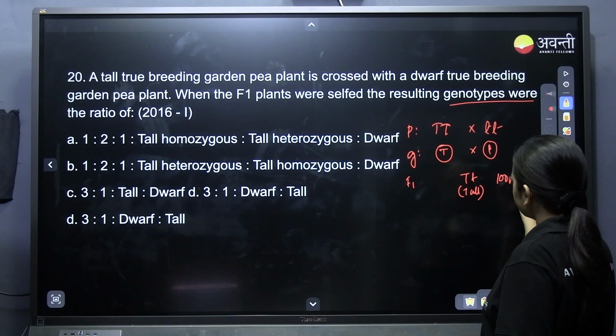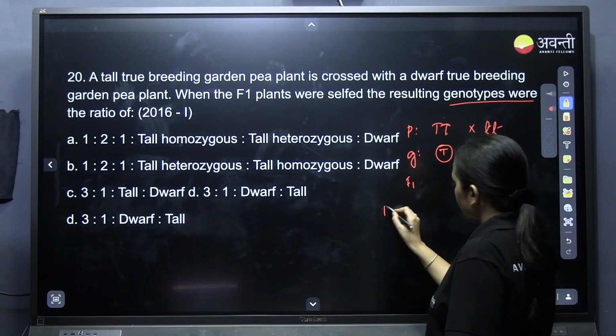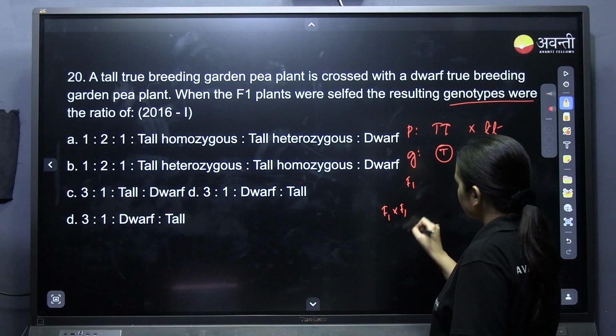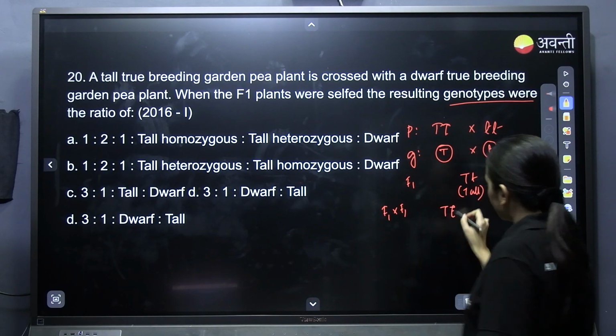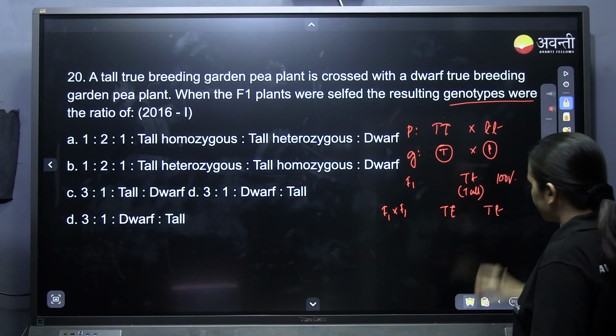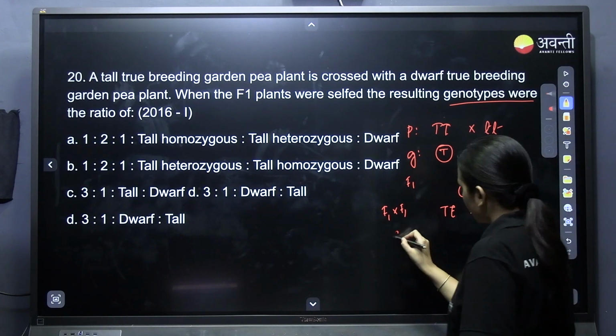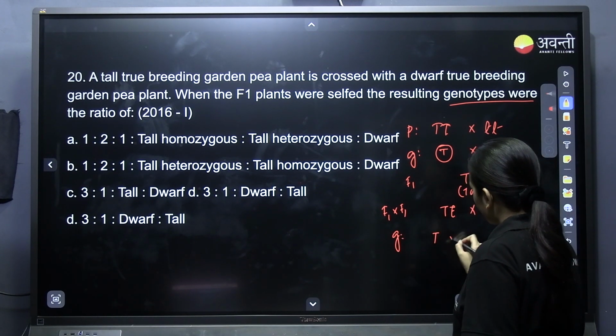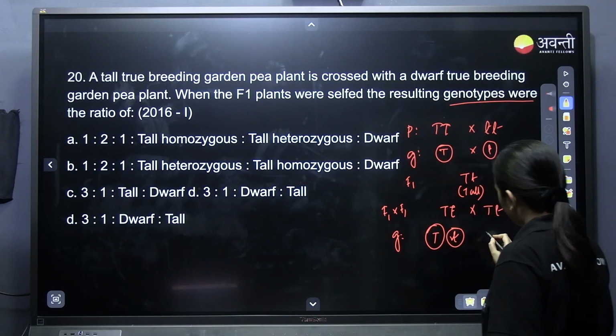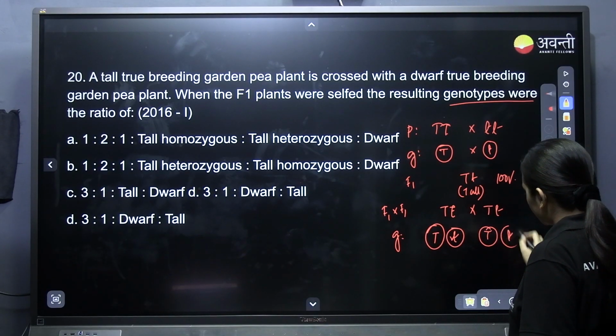When the F1 generation was selfed, capital T, small t, capital T, small t. If these two are selfed, what are the gametes? Capital T, small t, and capital T, small t.